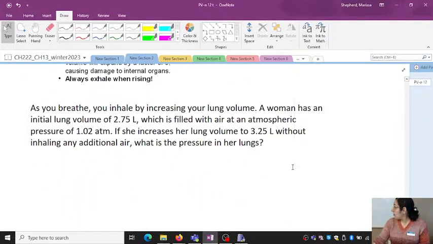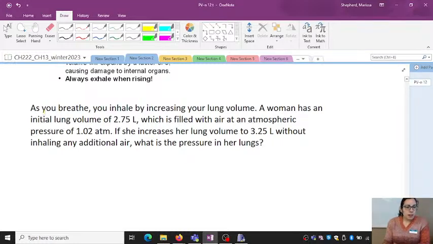So let's do another little practice, and I'll try to hand out some more labs. As you breathe, you inhale by increasing your lung volume. Maybe you've seen in biology how your diaphragm works like a balloon. All your diaphragm is doing is increasing your lung volume, which decreases the pressure, and so now air can go in.